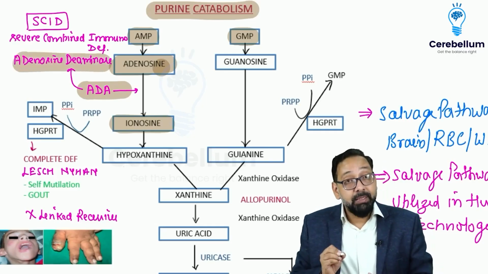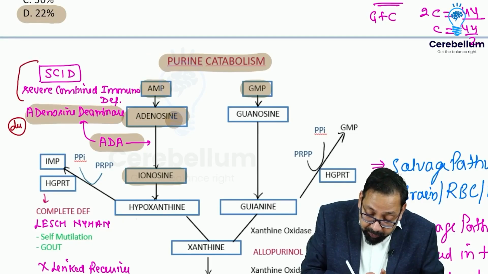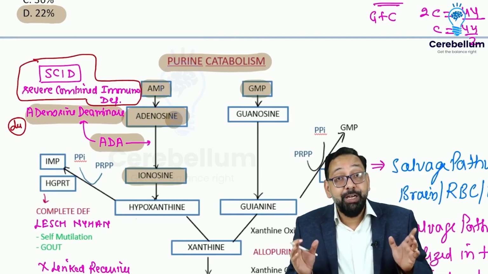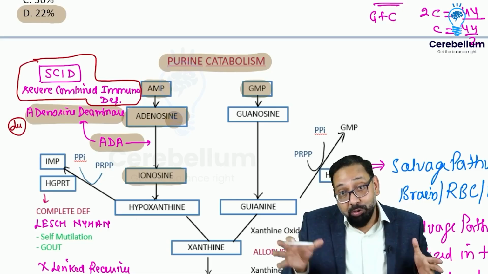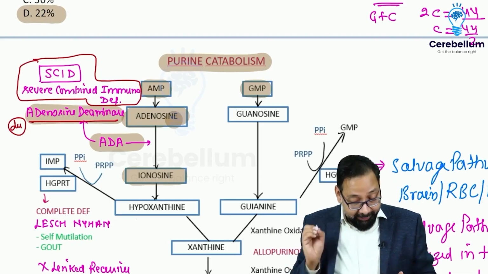If this enzyme is deficient, it leads to severe combined immunodeficiency. How to remember the mnemonic: ADA, SCID.